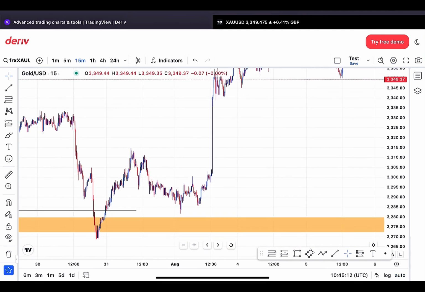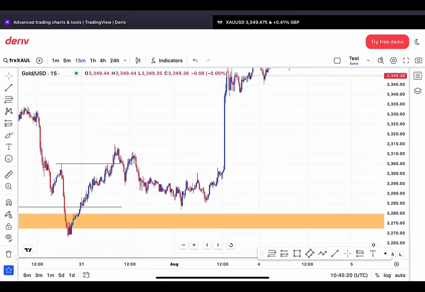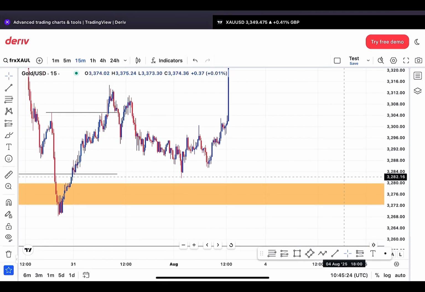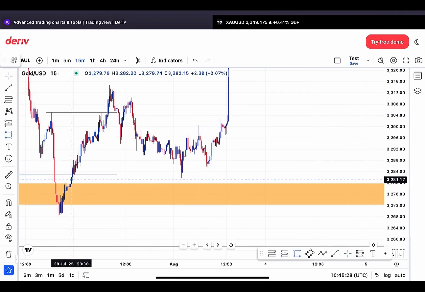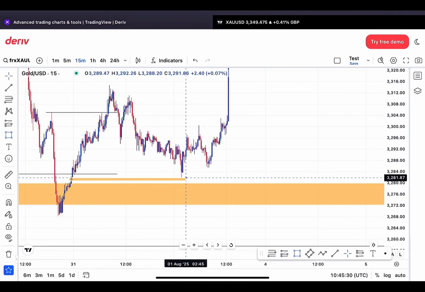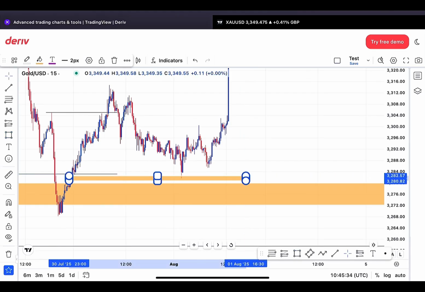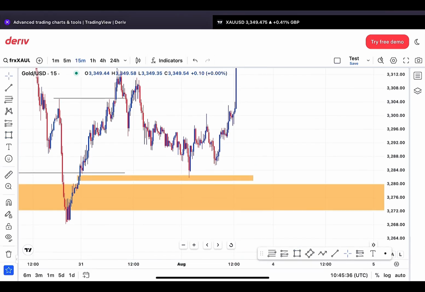So in the 15-minute time frame, as you can see, the market has broken past this high, which signifies that we are bullish. So what I need to do now is to look for a what? A demand, like I always told you, a demand level or an order block, or where there's an imbalance.